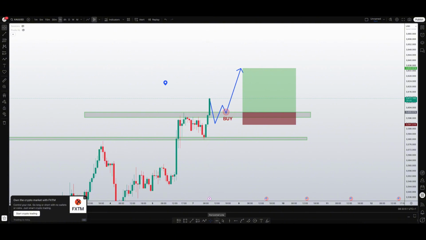If it started dropping back from that swing high to this, keep looking for a buy confirmation. That's all you need. If you don't know what you can use to get a buy confirmation inside here, if it comes inside here and starts retracing back, just wait for the gold to break out of here and retest, then you can take it from here. This one is very simple.